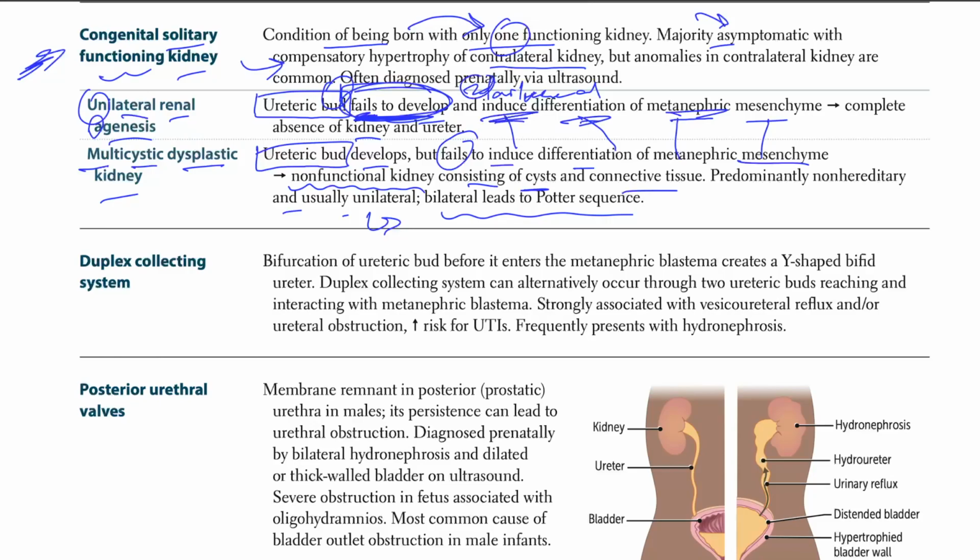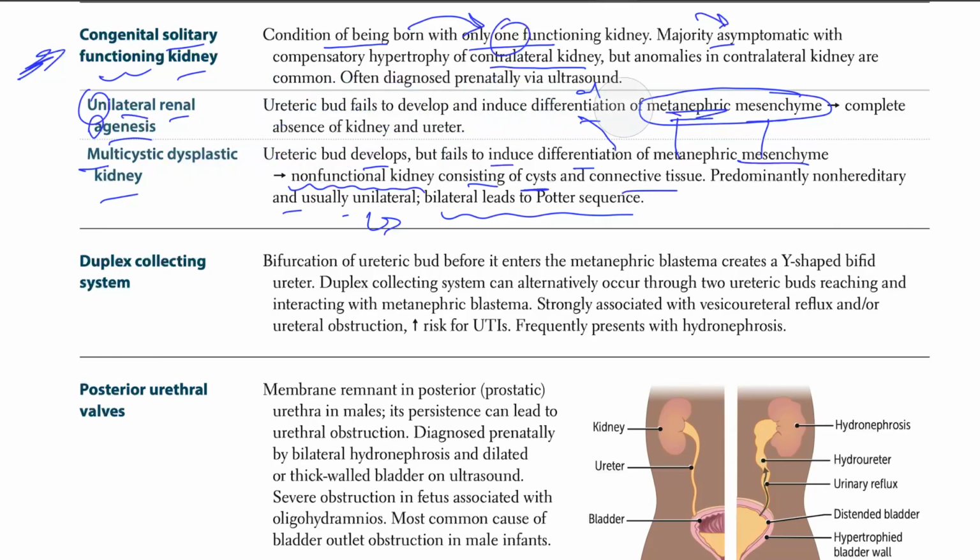If you fail to develop the ureteric bud and also fail to develop the metanephric mesenchyme, which is the other half of the kidney, guess what? You have an absence of kidney and the ureter. I hope I'm making myself clear.